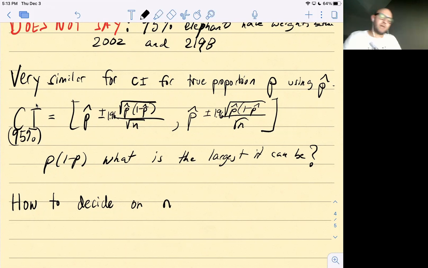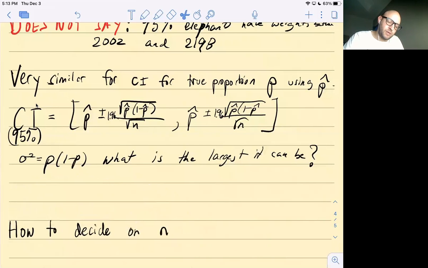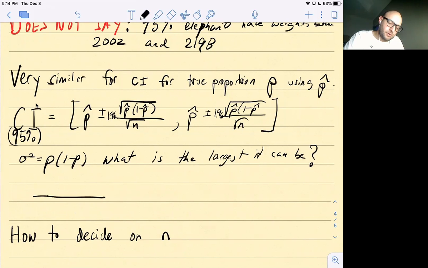This is actually the graph of a parabola. If you write sigma squared equals that and plot these expressions, you see that this is a parabola with roots at 0 and 1, and therefore the highest value is right in the middle. This is the p-axis, and this is the y-axis. The maximum value happens right there.